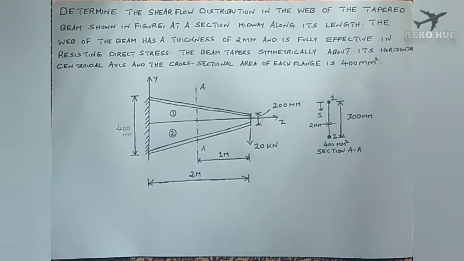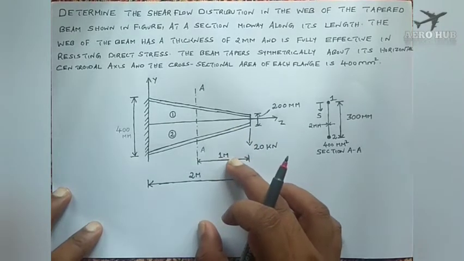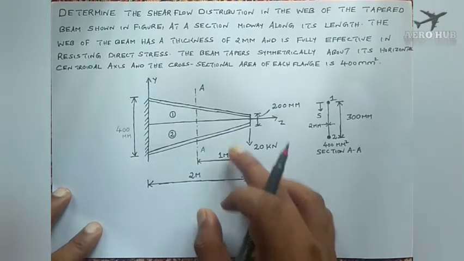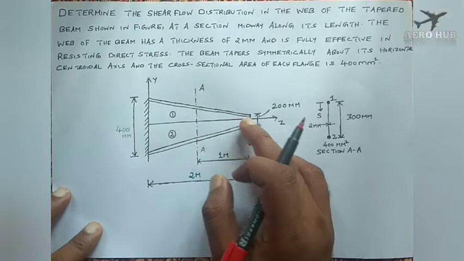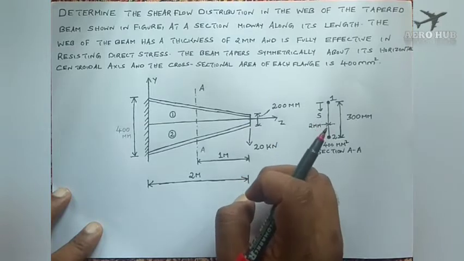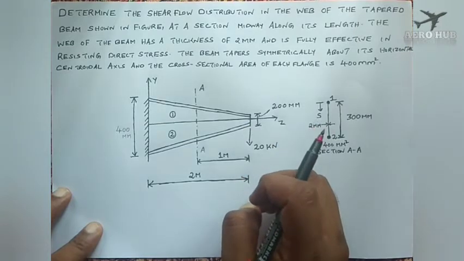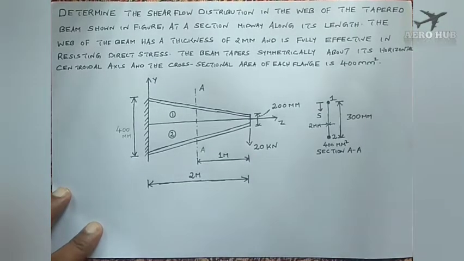The web can carry a certain amount of direct stress, and the flanges can also carry direct stress. Therefore we have to consider the thickness of the skin while calculating the moment of inertia for the section. The ultimate aim is to find the shear flow.